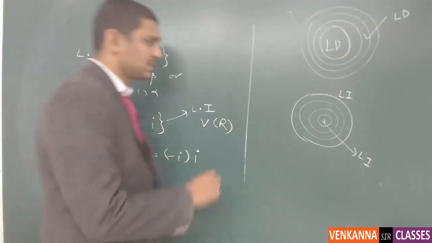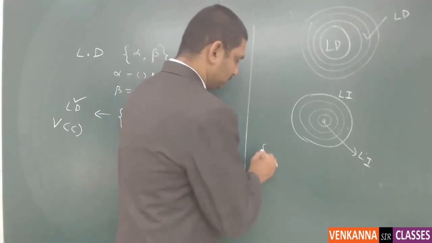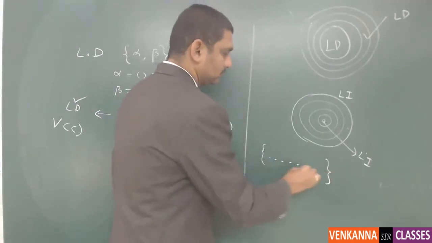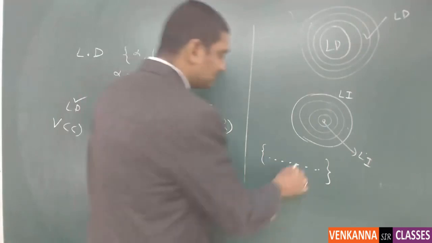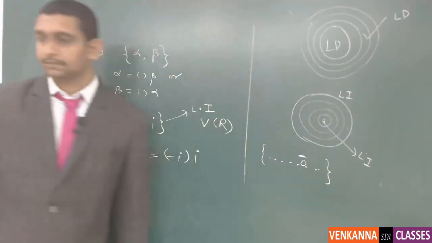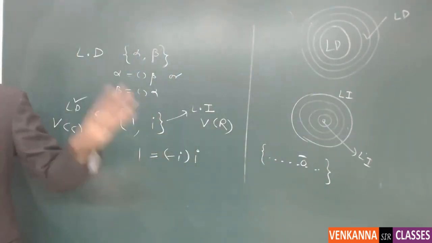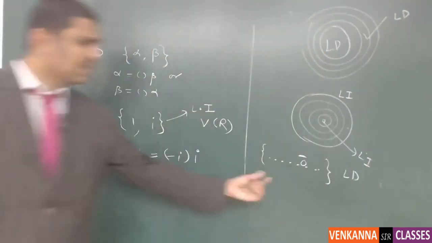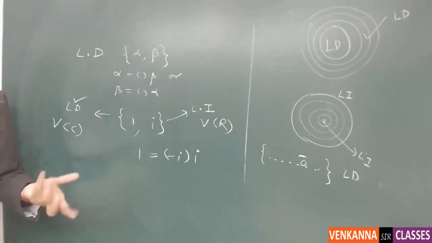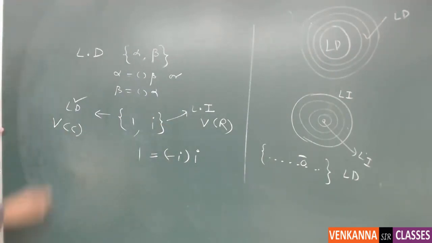Now the third result is: if you take a set of vectors, and the vector set contains a zero vector, then it is LD. It is a very simple result to understand. Let us have a small example.